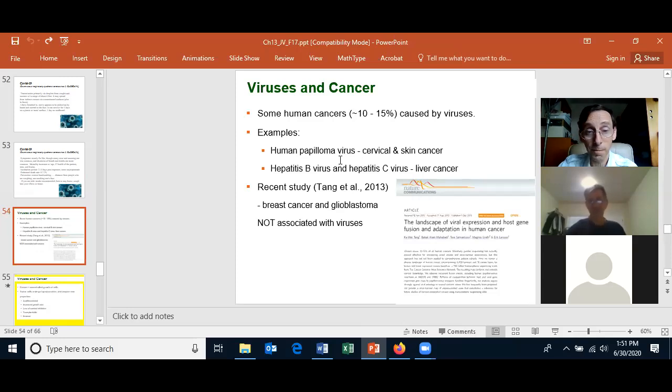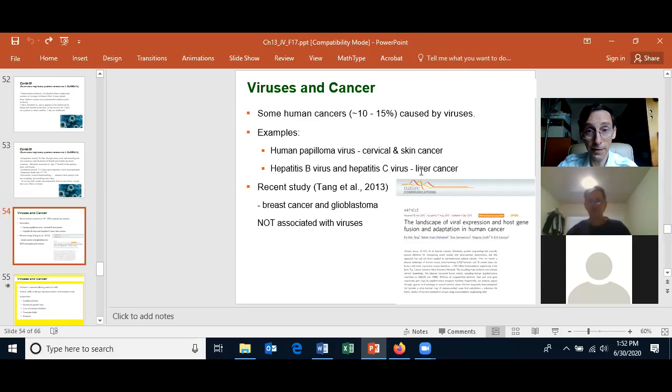Some cancers are predominantly, if not totally, started by a virus, like human papilloma cancers, cervical cancer, some papilloma skin cancers. That's mainly caused by a virus.